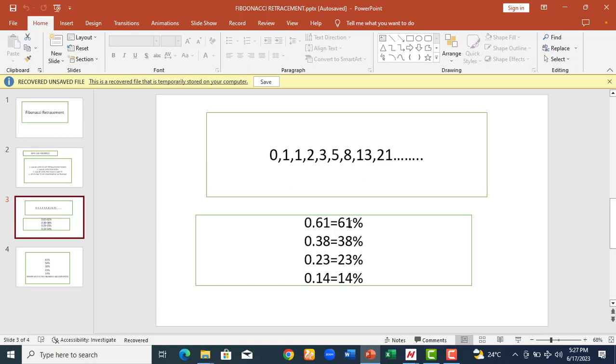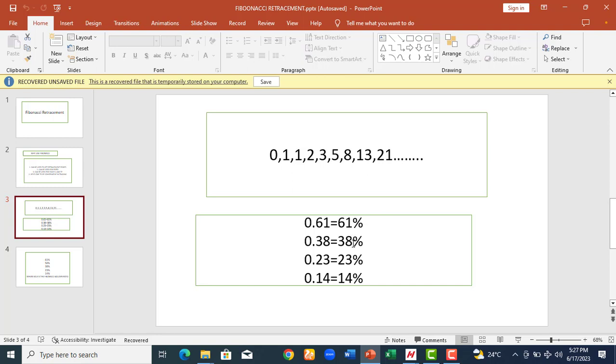Converting to percentage is going to be 61%. 8 divided by 21 is going to give you 0.38, which is equal to 38%. 5 divided by 21 will give you 0.23, which is equal to 23%. 3 divided by 21 will give you 0.14, which is equal to 14%. And so on. That's how we got all these numbers.